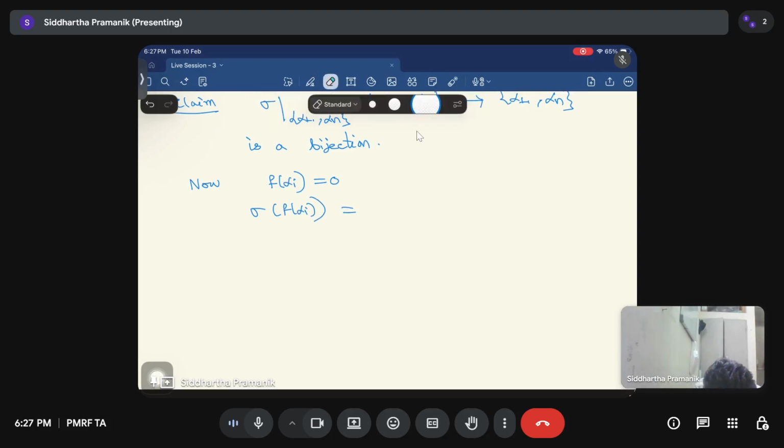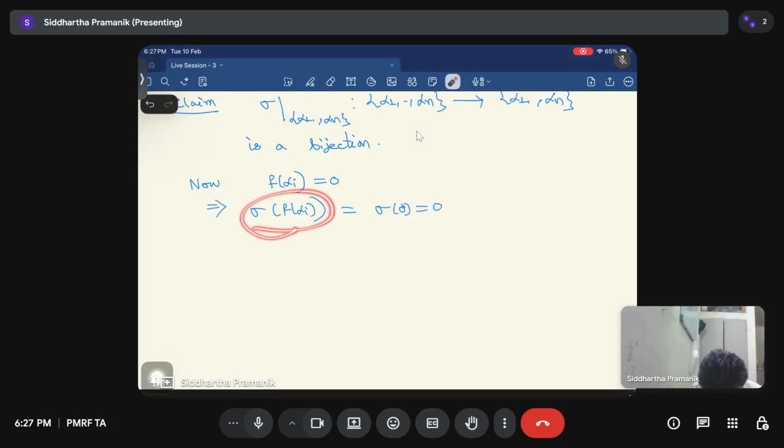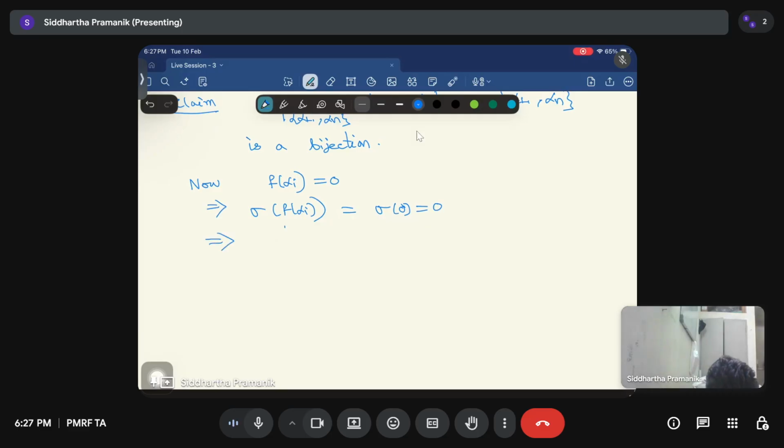This is also 0, since sigma of 0 is 0. But what is this? This is the same as f of sigma of alpha i.